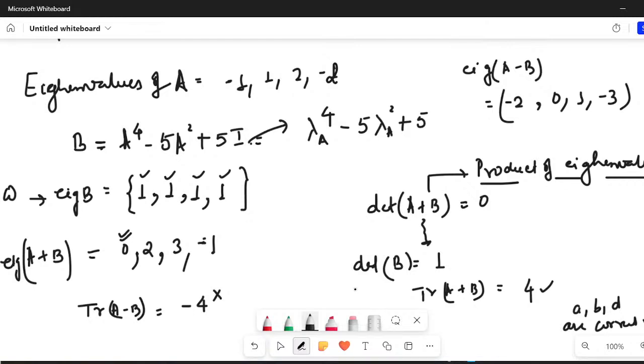But always remember this: simultaneously diagonalizable matrices are quite important for us. I hope it is clear. If there is any doubt, you can ask me.